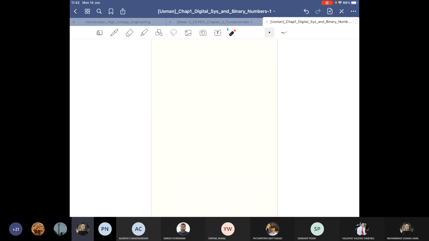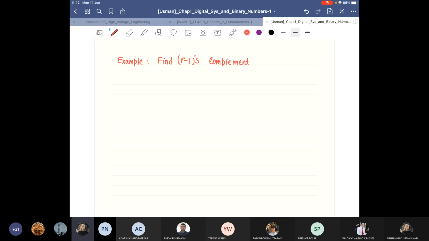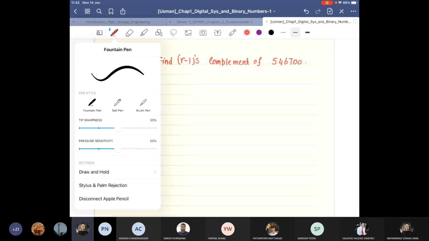So the example is: find R minus 1's complement of 5, 4, 6, 7, 0, 0. So now the solution.